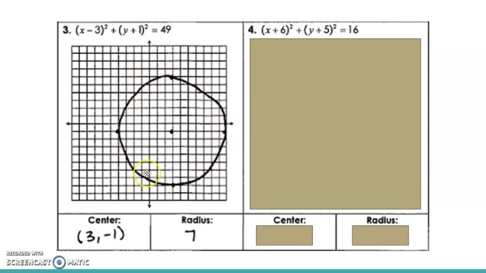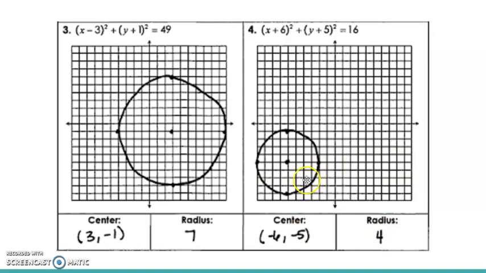As you can see, the circles don't have to be perfect. Just do as much of an arch as you can to connect those dots. For number 4, my center is (-6, -5). My radius is 4. When I draw that, again, we're counting 4 from the center in every direction.